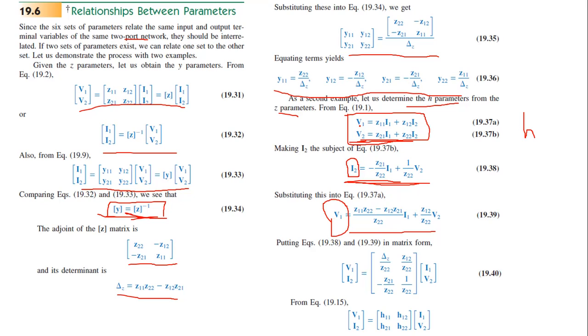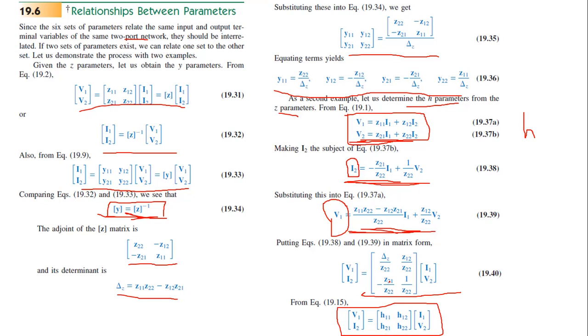So V1 we got, I2 we got. Again, this V1 and I2 can be expressed in matrix form like this. If we compare with the H parameter equation, this is the H parameter relationship: [V1 I2] is equal to [H11 H12; H21 H22].